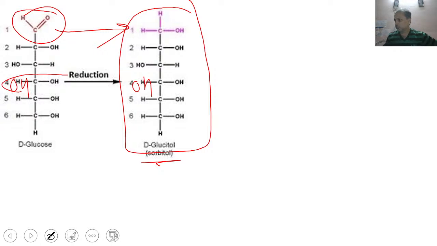Mercy, Tanuja, Rajiv, Shivangi, Ravina, anyone, can you tell me why fructose gives you two different products, mannitol and sorbitol both?